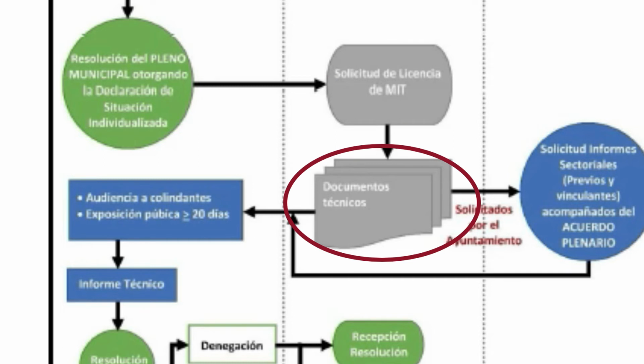So you need a technical report. At that stage, you're trying to prove that your property either meets the criteria for the impact minimization license, or will meet the criteria for impact minimization license with the project that you're presenting.